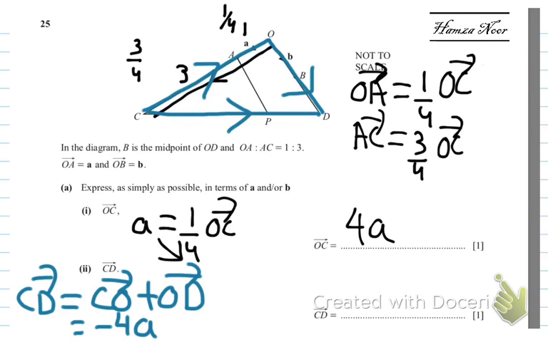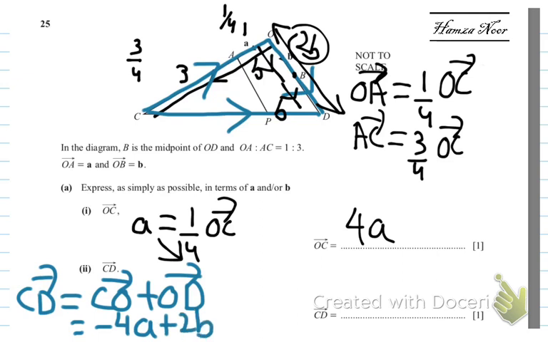And you need to find vector OD as well. First thing, you know that point B is the midpoint of OD and vector OB is B. So this means that vector BD is also equal to B, and this means that vector OD is equal to 2B. So minus 4A plus 2B, and your answer can be 2B minus 4A, or you can also write minus 4A plus 2B, same thing.